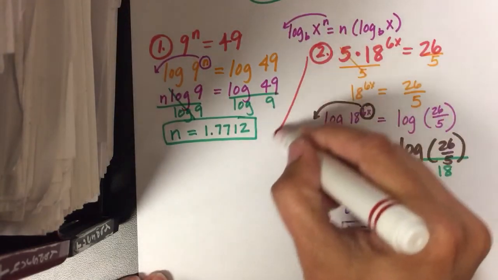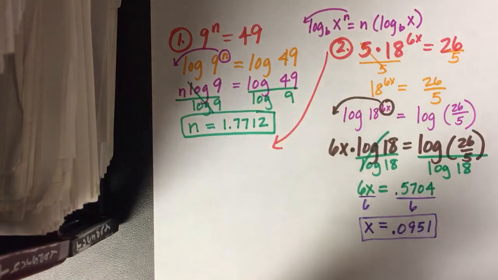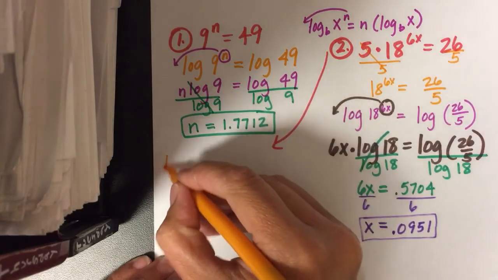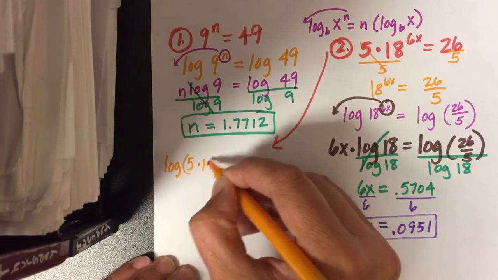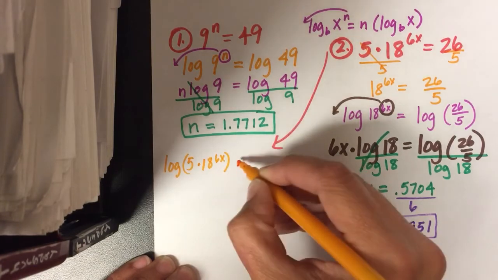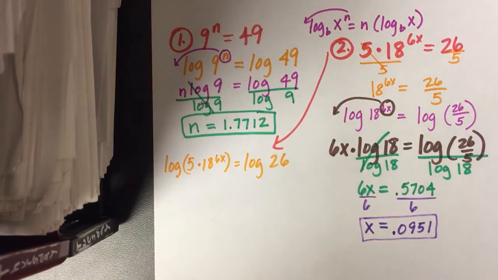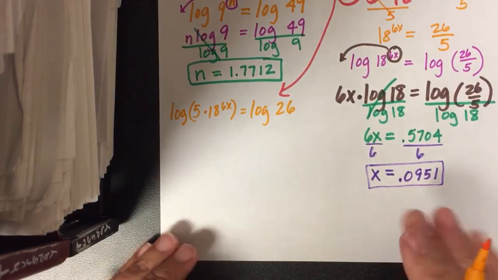So let's come down here and work it an alternate way. Let's just say from the beginning, I took the logarithm of both sides without dividing by 5 first. So I just wrote log of 5 times 18 to the 6x equals log of 26. What would I do in this case? Well, you would have to use the product rule.